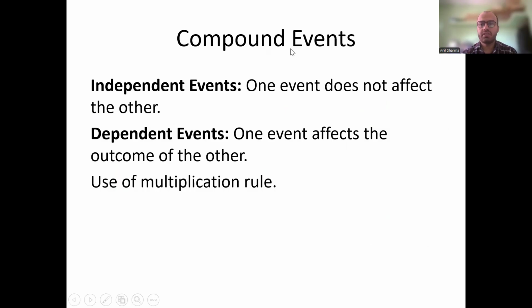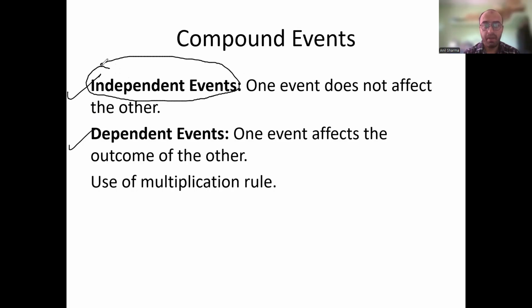Then we have these two terms, independent and dependent events. That is also very important. When I talk about an independent event, as the name suggests, it does not depend on the other. For example, we are rolling two different dice. We have nothing to do with what is coming on the first die or on the second die. Simply we are tossing, that is independent. But what is the meaning of dependent?